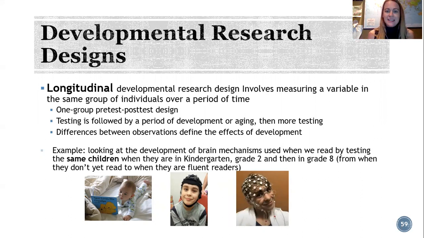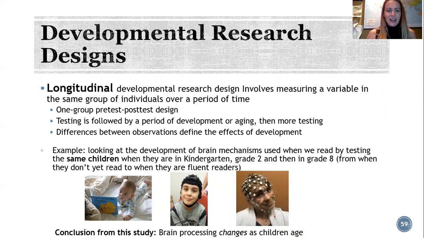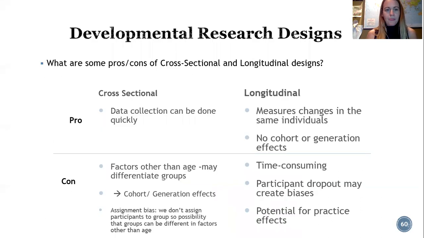He's been in my research many times, and we can look to see how the brain changes as children grow and as they learn to read by comparing them before they know how to read, around age 7 as they're learning, and then again at age 13. Here we go over here. So the conclusion that we can draw from this kind of research is that brain processing changes as children age.